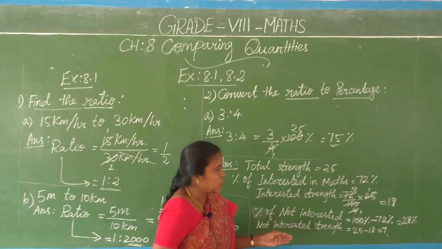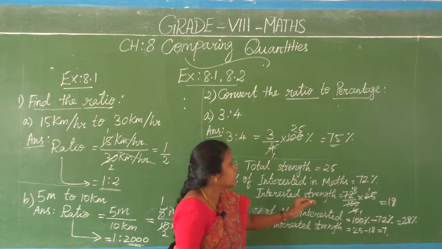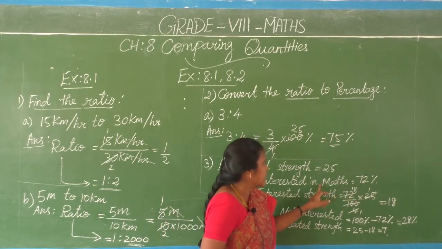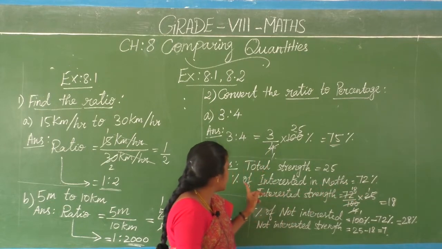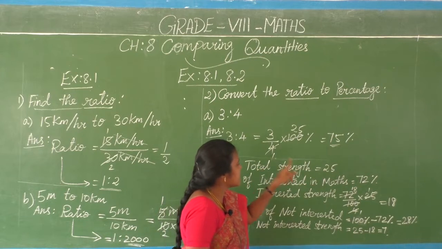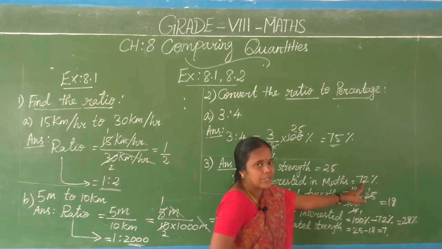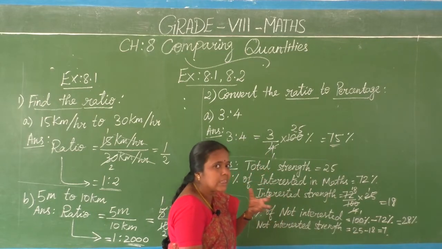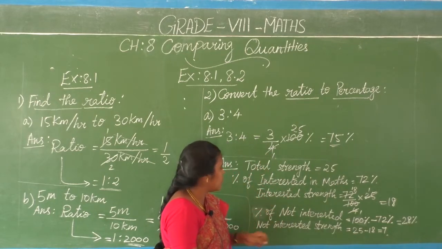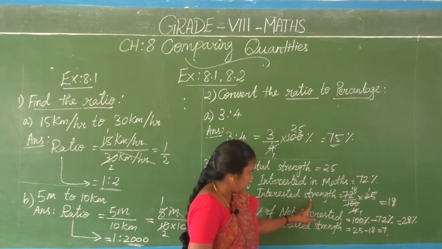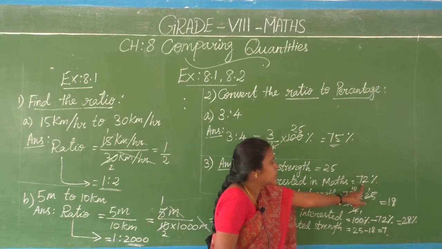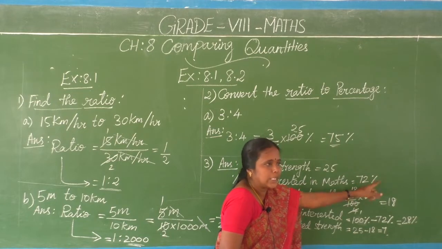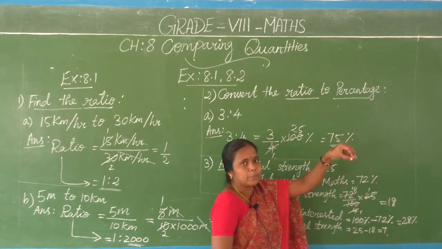Among the 25 students, 72% liked maths. So the percentage of interested strength in maths is 72%. What is the strength of interested students? That we have to find out. So interested strength equals 72% per 100, that is 72 members liked maths.